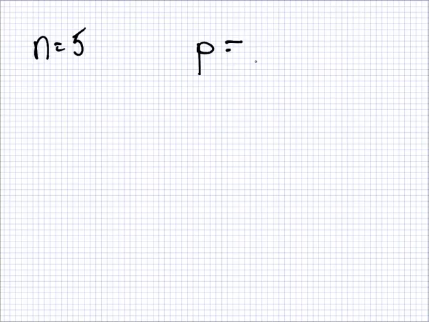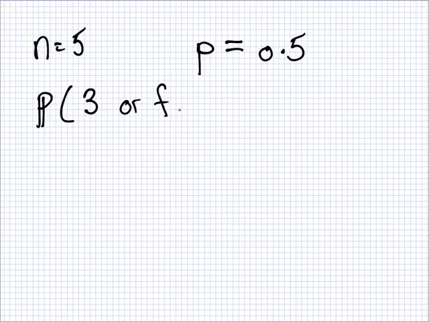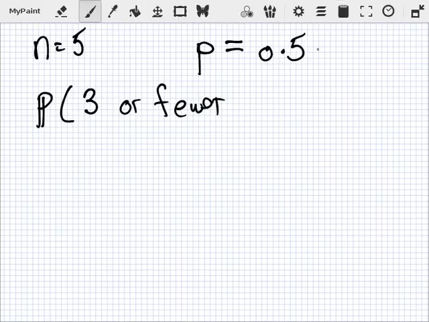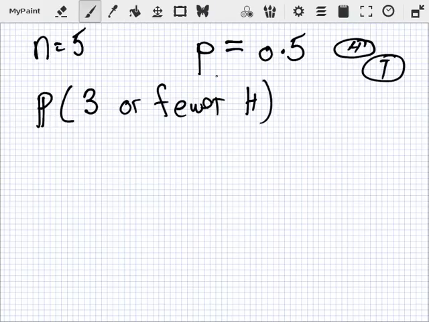So hot. Let's say p equals 0.5. So I want the probability of 3 or fewer. Let's say these are coins. We flip a coin. So it's heads or tails. So I want 3 or fewer heads.